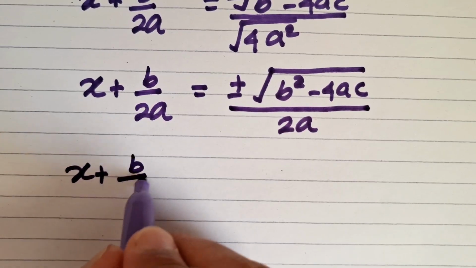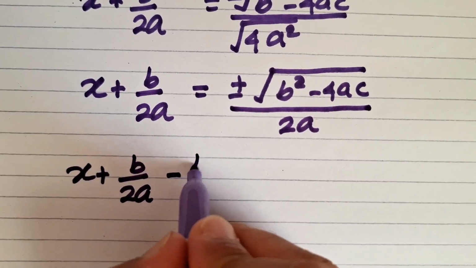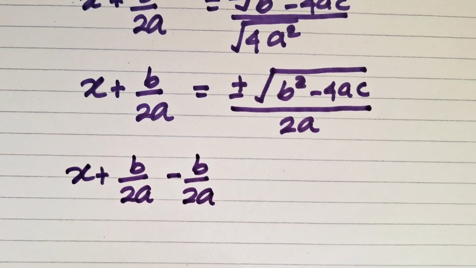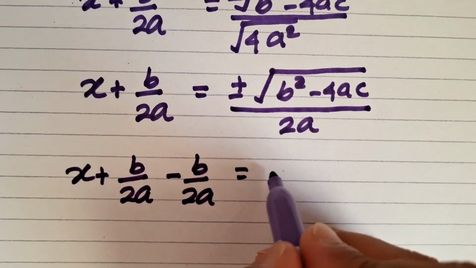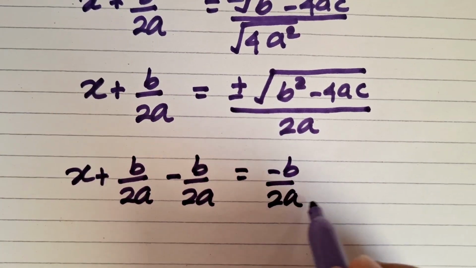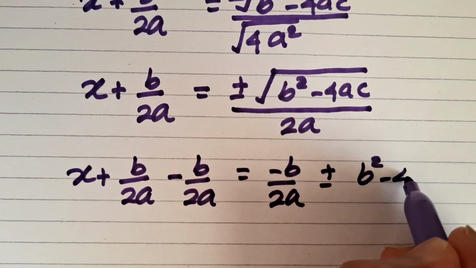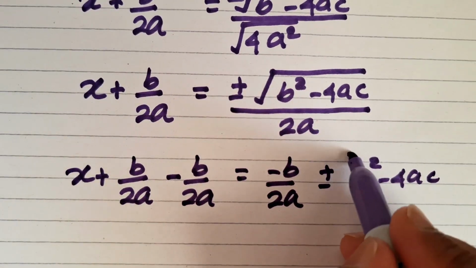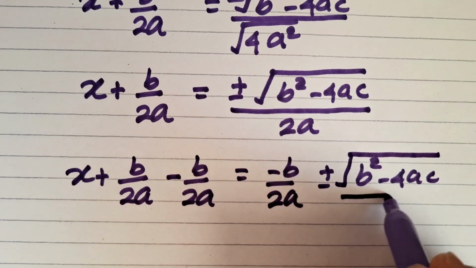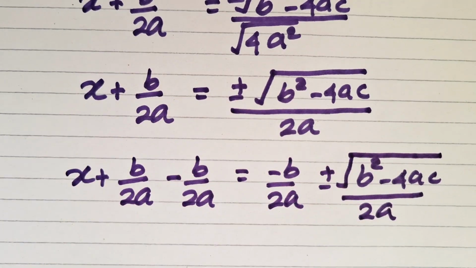Now for x plus b over 2a, I am going to add minus b over 2a to both sides of the equation. Here we have minus b over 2a plus or minus the square root of b squared minus 4 times a times c divided by 2 times a.